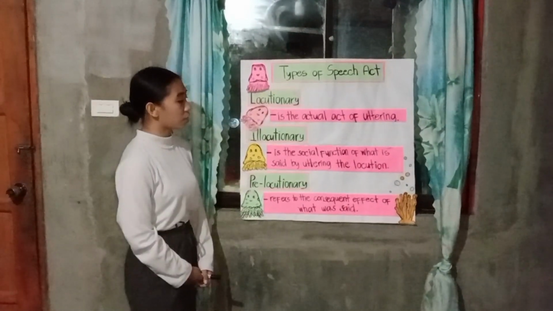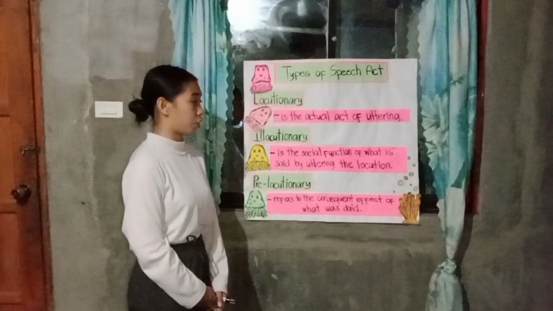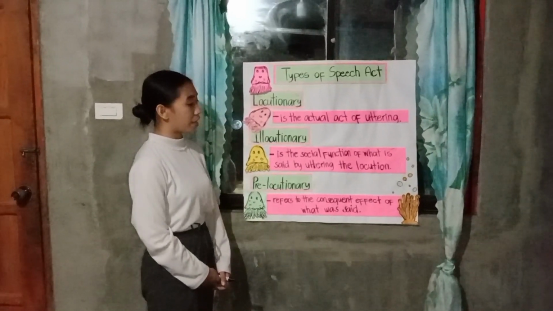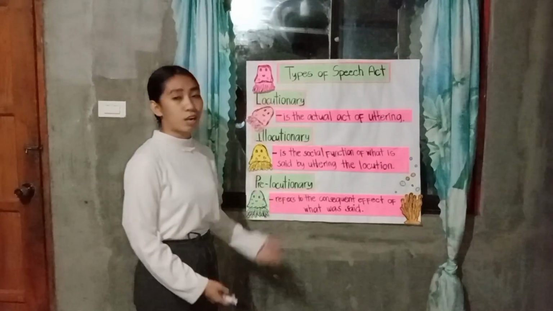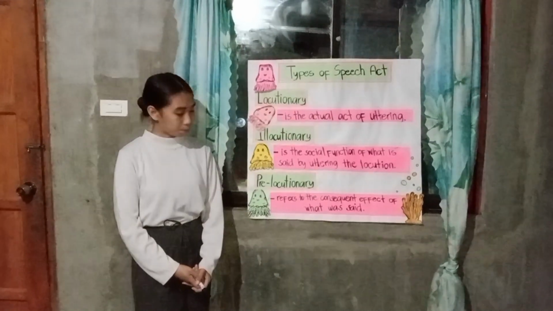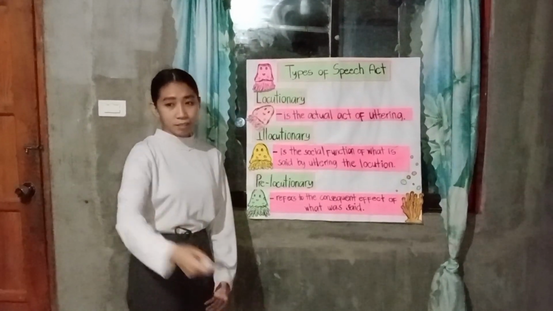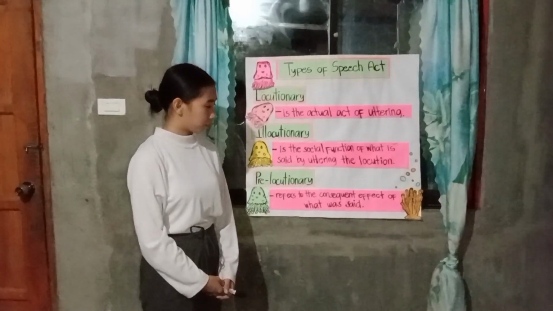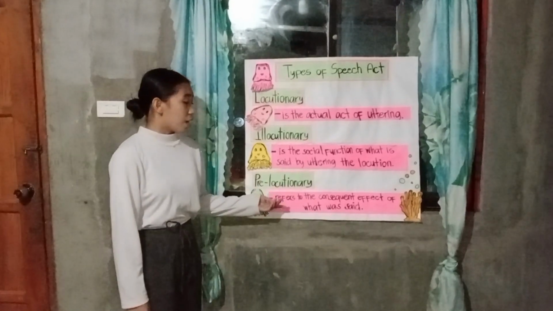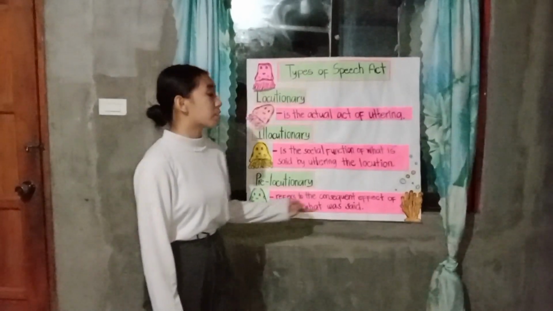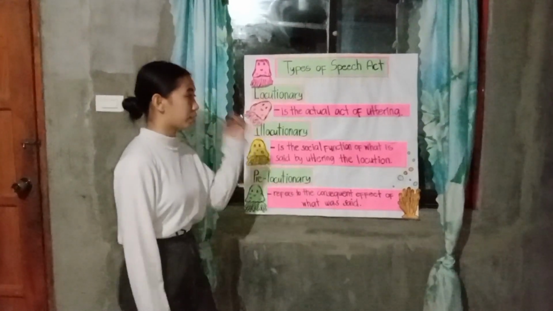Illocutionary is the social function of what is said by uttering the locution. The last one is the perlocutionary. Who wants to read? Okay, thank you. Perlocutionary refers to the consequence or effect of what was said.